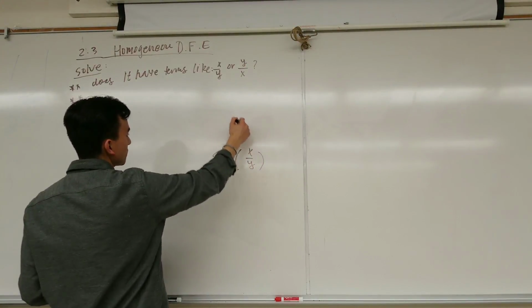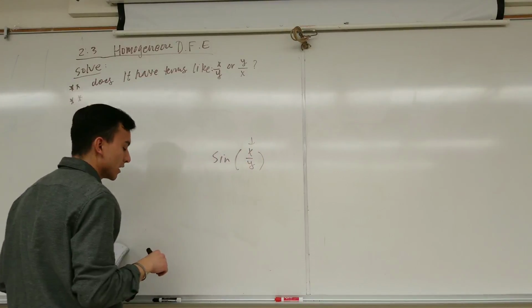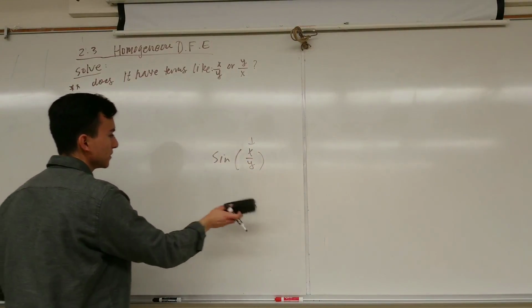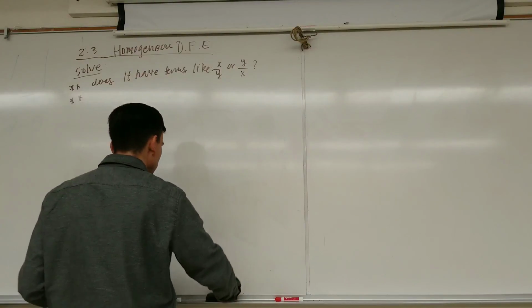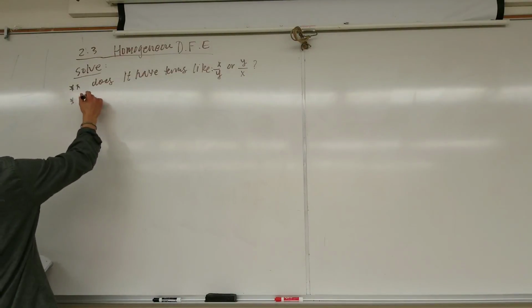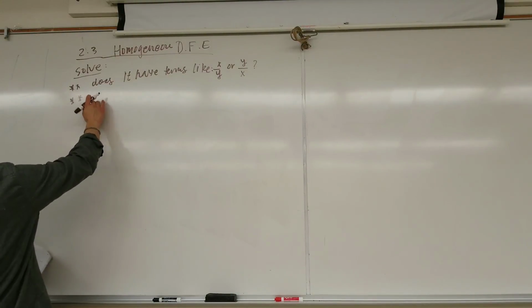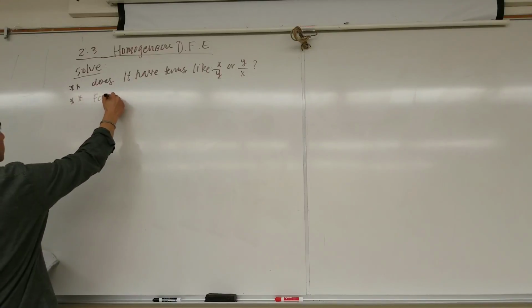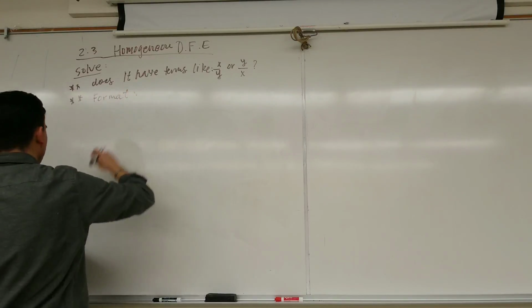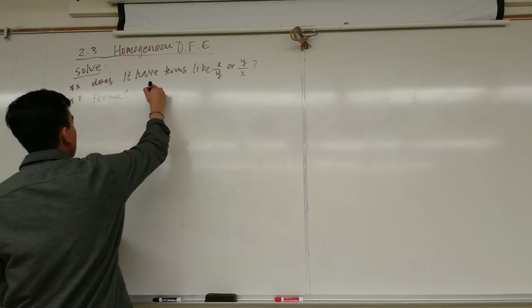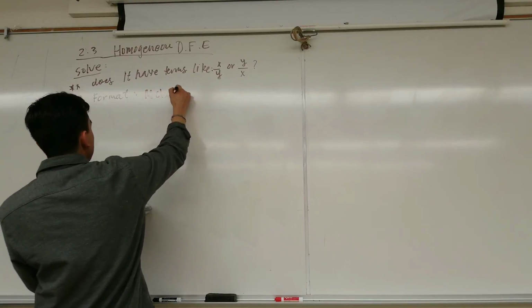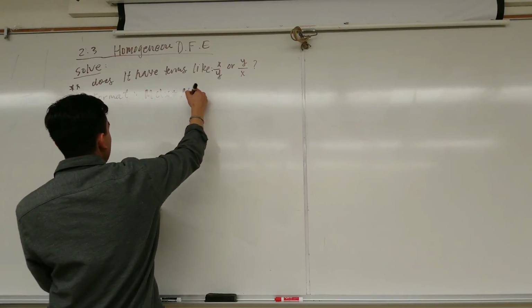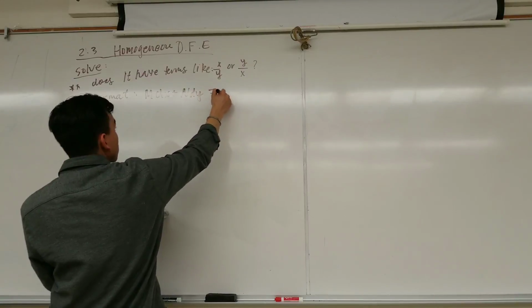And to answer that question, yes, it does. And I'll show you what happens if it does. And another thing to know is the format. The format's pretty important. The format should be M dx plus N dy equal to 0.